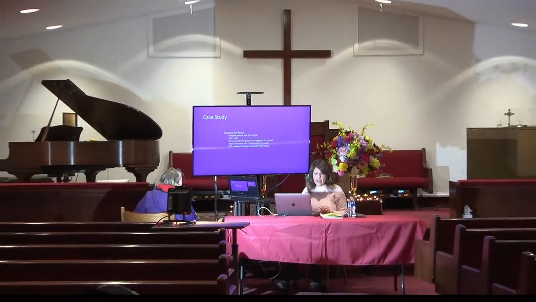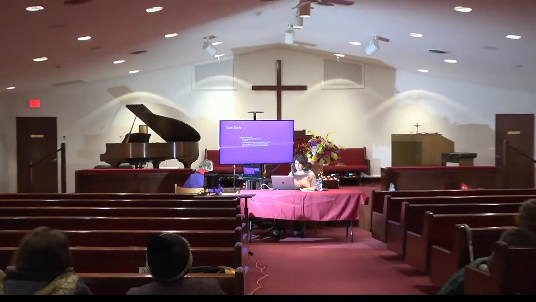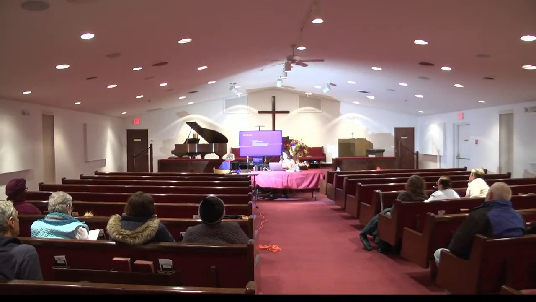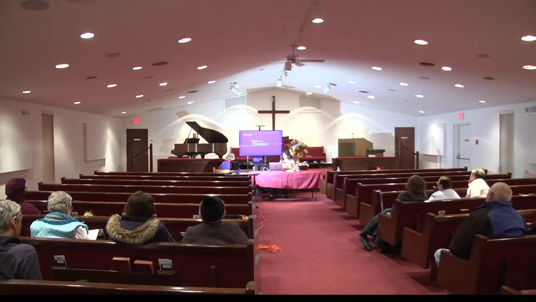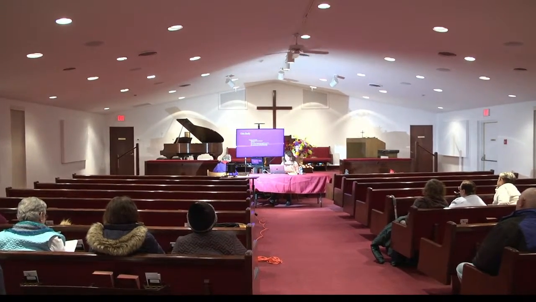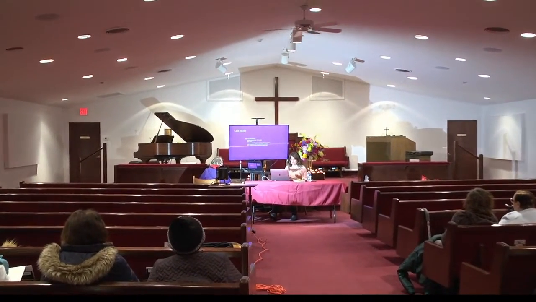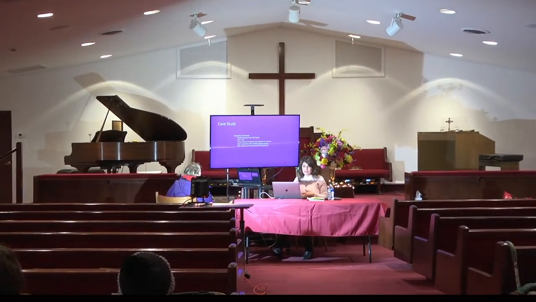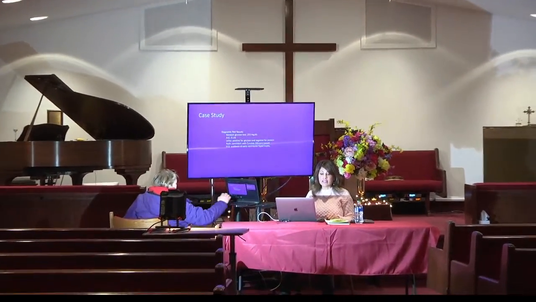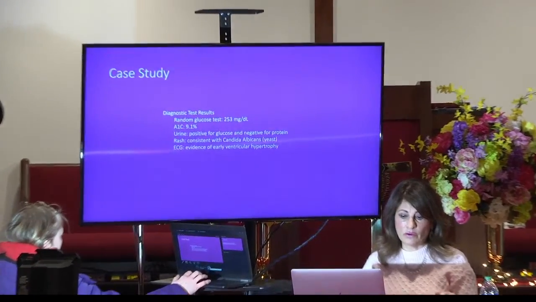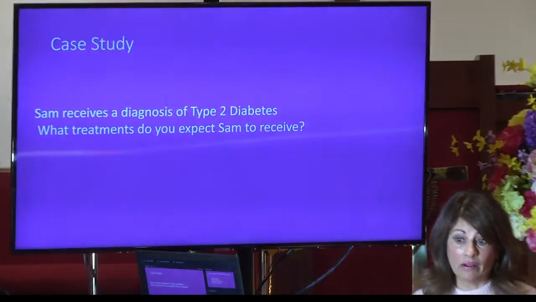So he's 9.1. His urine is positive for glucose, negative for protein. His rash is a yeast infection. That happens a lot with diabetics, right? And they've done an EKG, and he's got some heart problems going on. So we have to get him taken care of right away. It's already affected his heart, so he's been sick for a while.